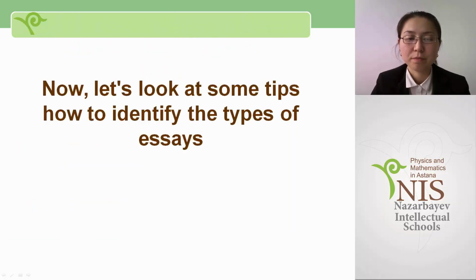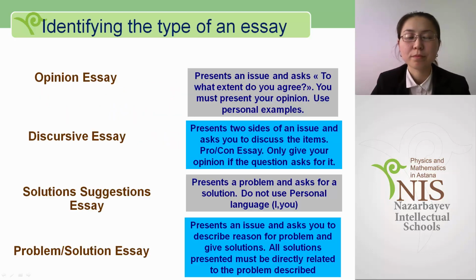Excellent. Now let's look at some tips on how to identify the types of essays. If we look again at the types of essays that we were looking at before through the examples, we can see some tips for you to identify the type.